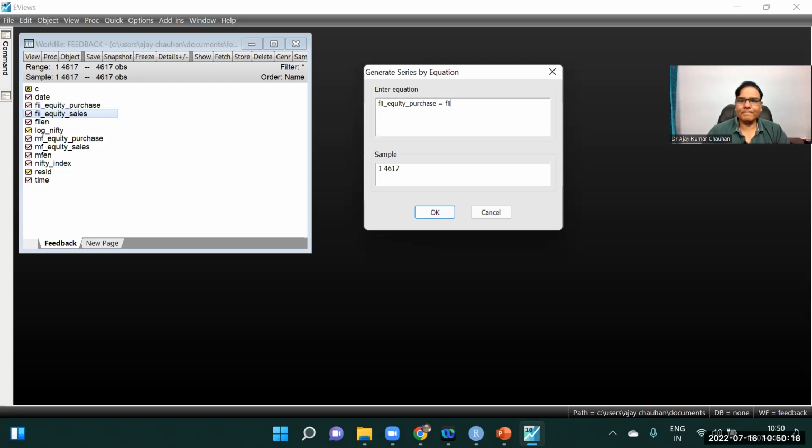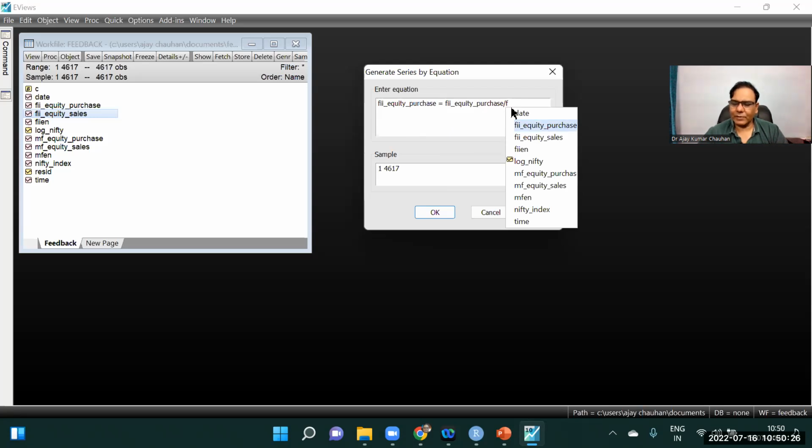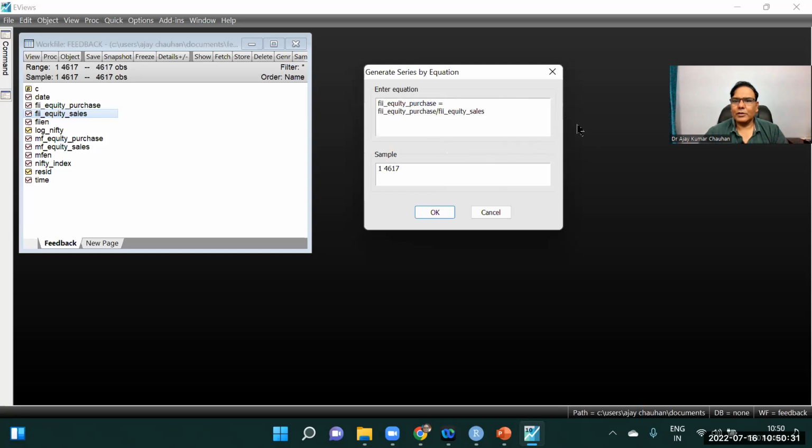Why I cannot take the log, because they have negative values. So just taking the ratio. The variable name is FII equal to FII equity purchase upon FII equity sales.